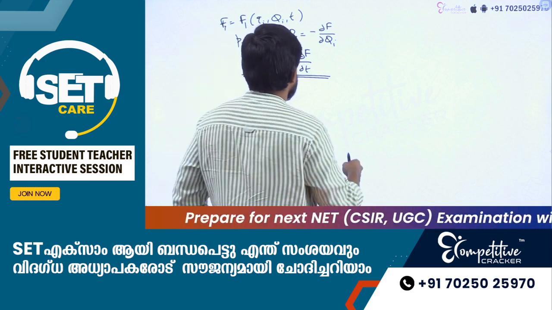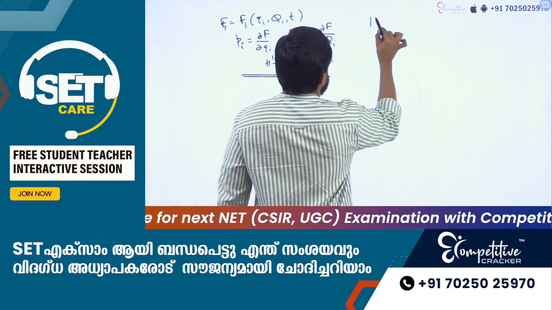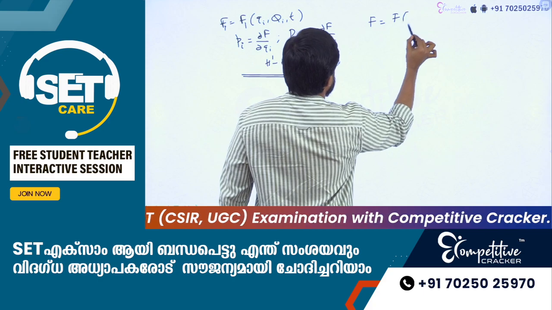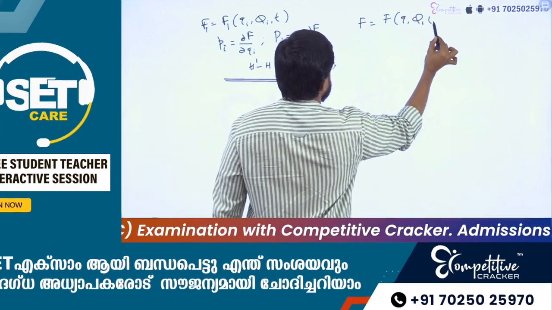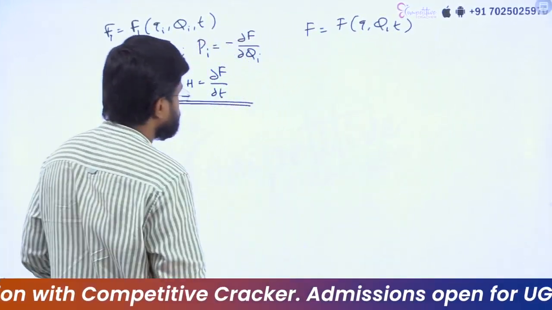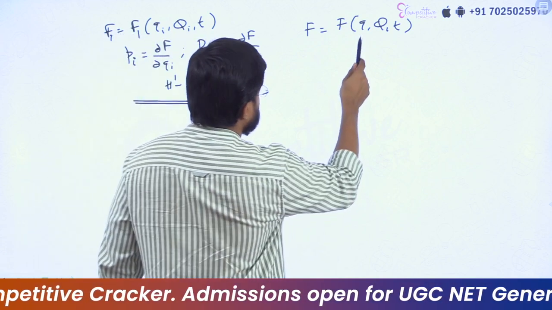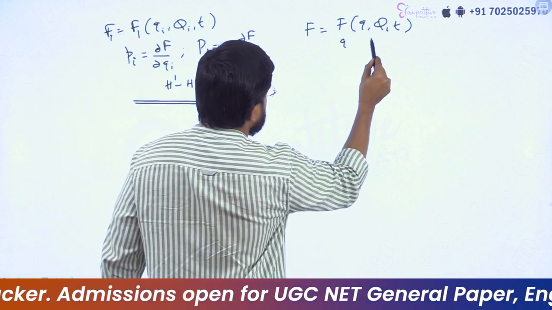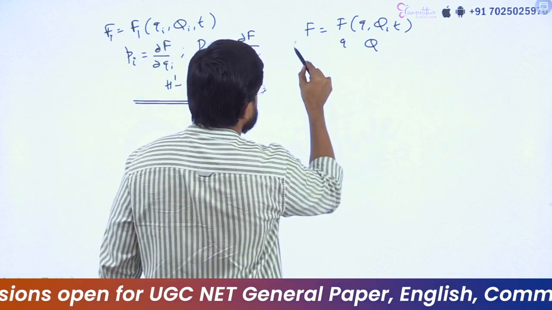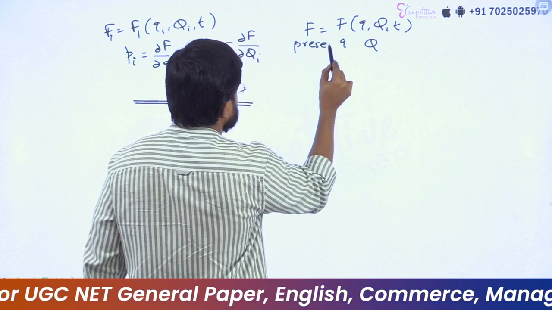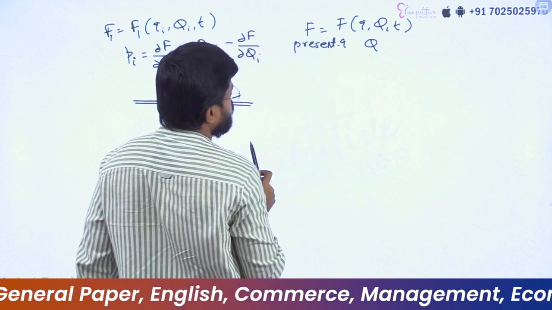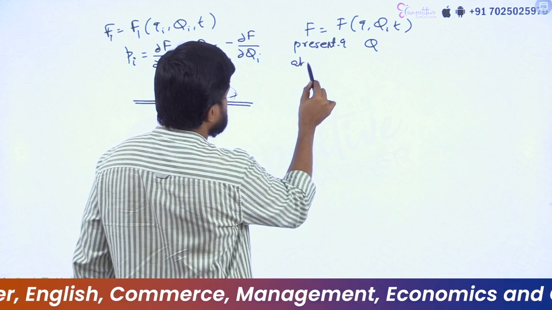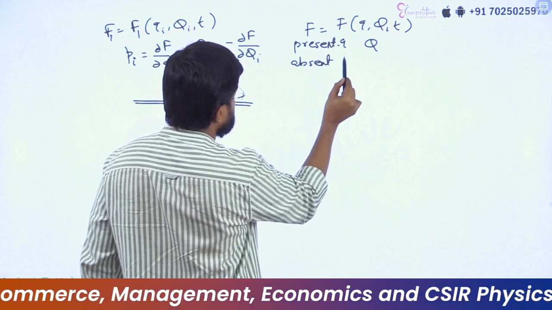Here F is equal to F of q, Q, t. This was our function. So what is present? Small q and capital Q are present. And what are absent? Small p and capital P are absent.